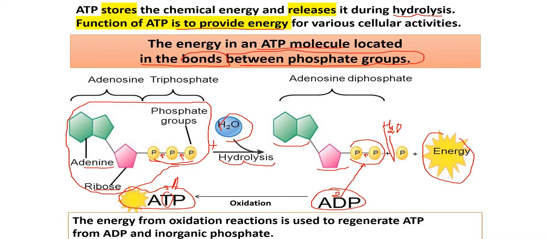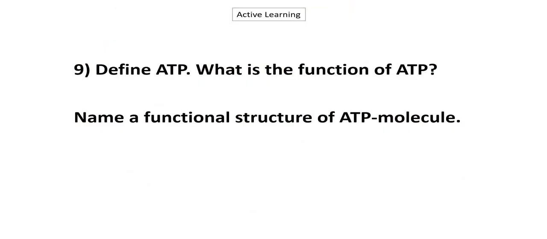In the opposite reaction, a synthesis reaction, from the ADP, cells will be able to produce and synthesize ATP. They will be attaching phosphorus here. So by now you need to know what ATP is, what its function is, and name its functional structure, or where the energy is located inside of the ATP.